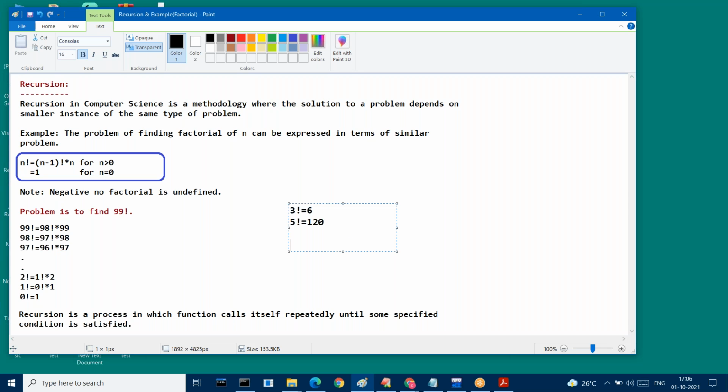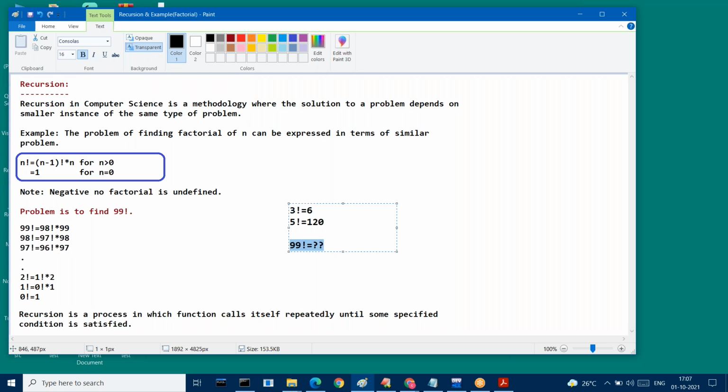But if I ask you what is factorial of 99, you will not be able to give the answer quickly.